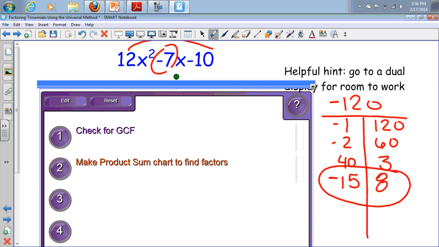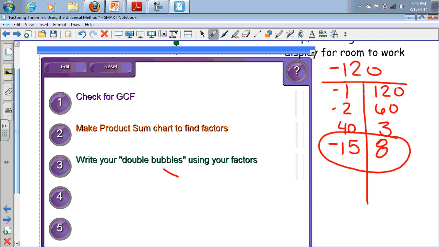Okay? Remember what 3 was? Make our double bubbles, right? So we have x minus 15, and we have x plus 8. Okay? Remember what our next one was?